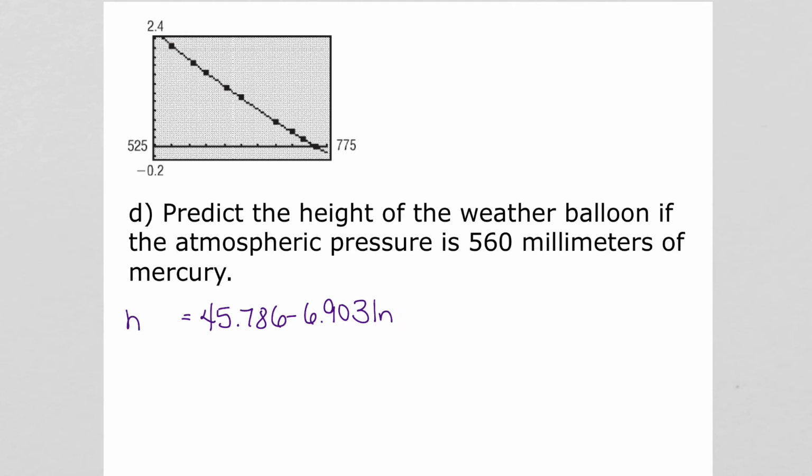So we're just going to plug in 560 for P. And we get about 2,108 kilometers is how high in the air the balloon will be when the pressure is 560.